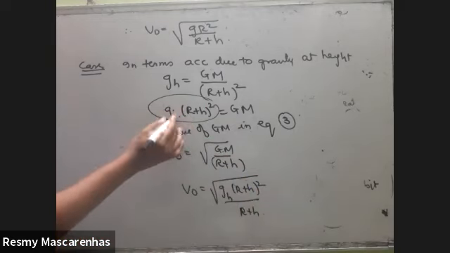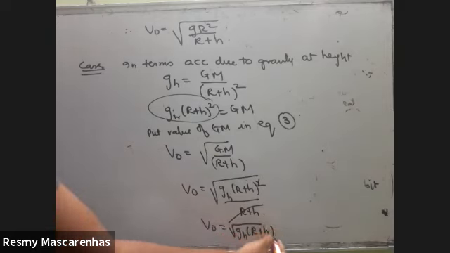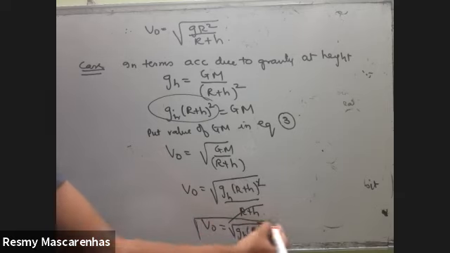This is a subscript, small letter h for gravity due to height. Now this whole thing will cancel with one of them. So answer will be root of gh into R plus H. Do another way.